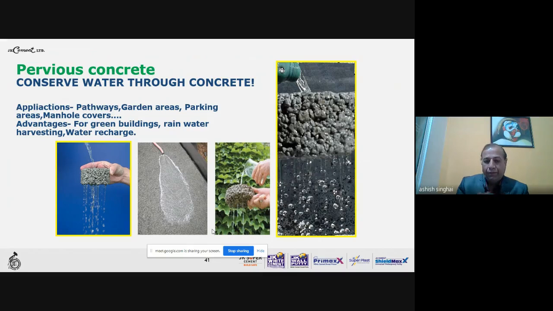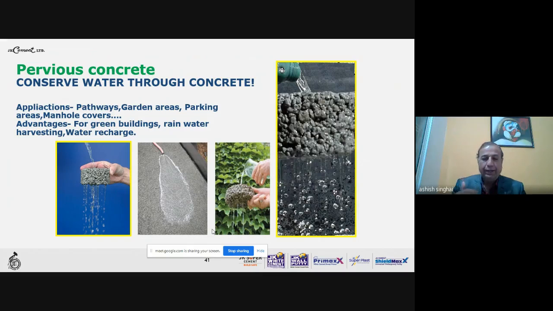Why? Because we have completely concretized our surfaces, our living areas. Wherever we look, we find concrete roads, concrete pavements, even the manhole covers are made of thick concrete. Why is there a need? We need to encourage pervious concrete.